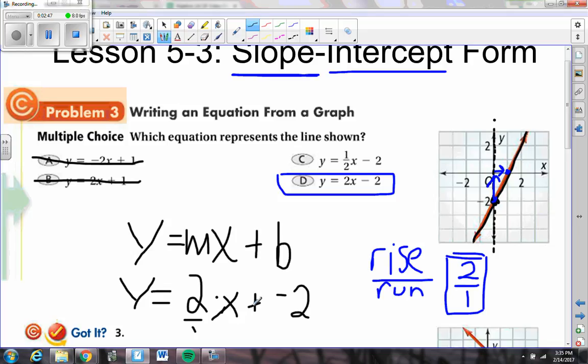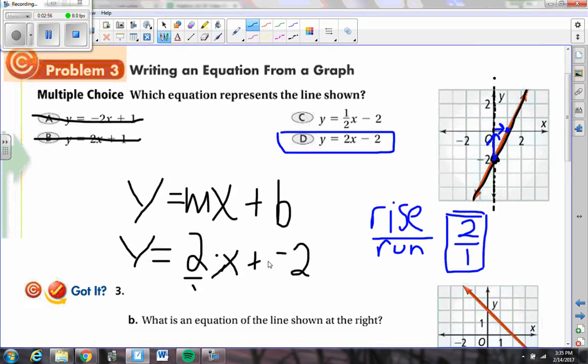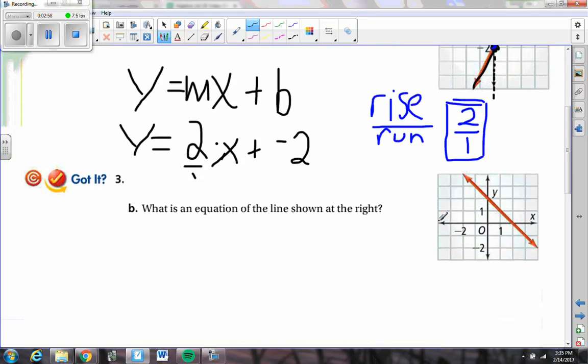We can also say 2x minus 2 instead of plus a -2. That's what they did here. So I want you to take a look now at this graph here, take a look at that problem, then come on back and I'll show you what we should have.